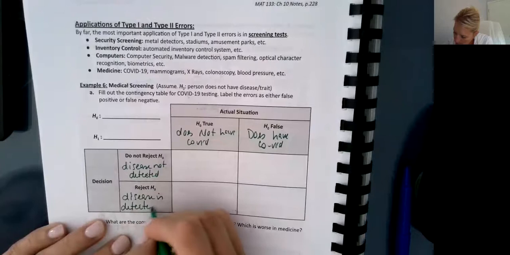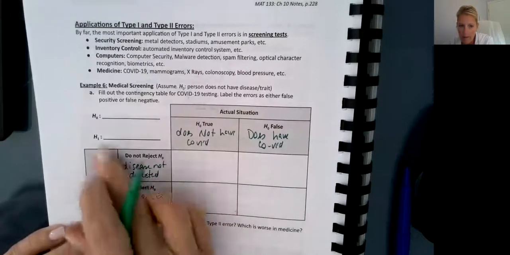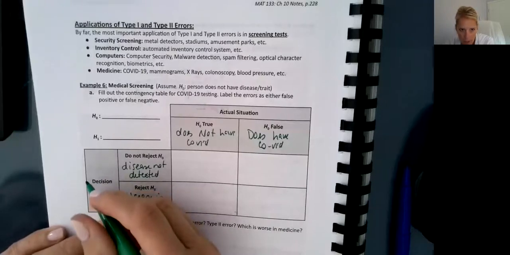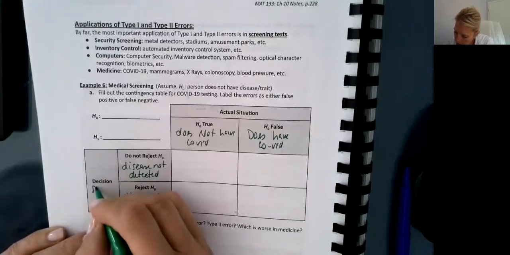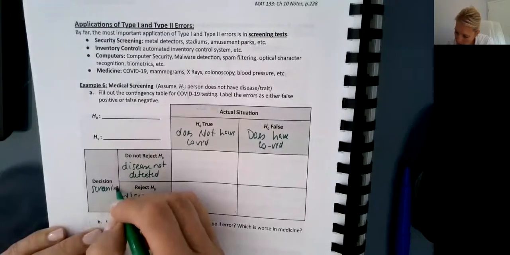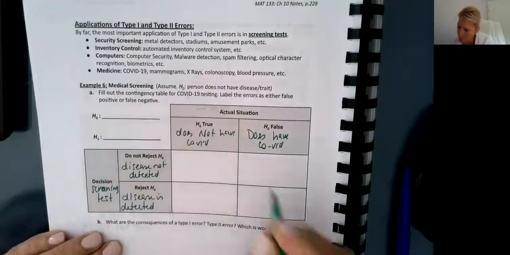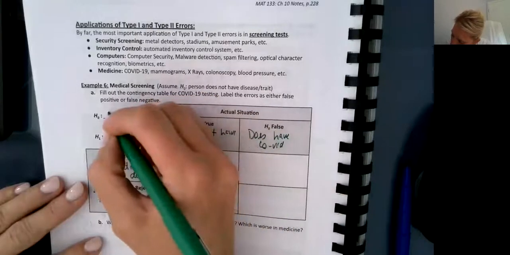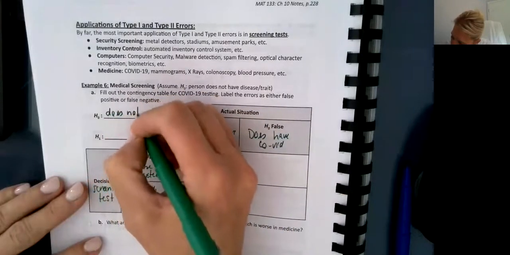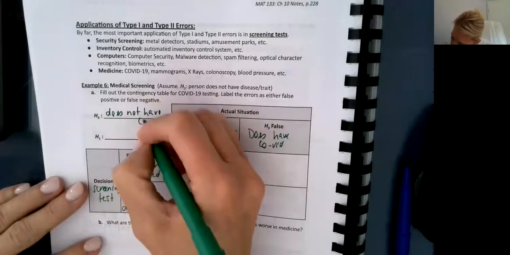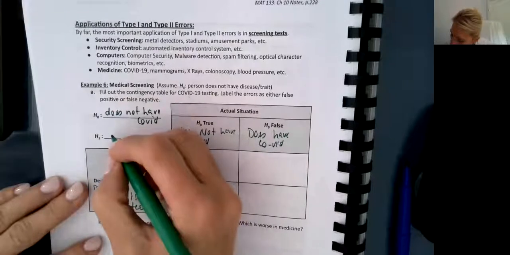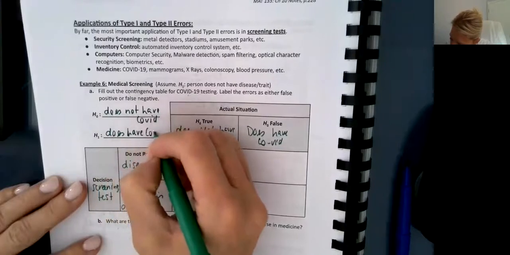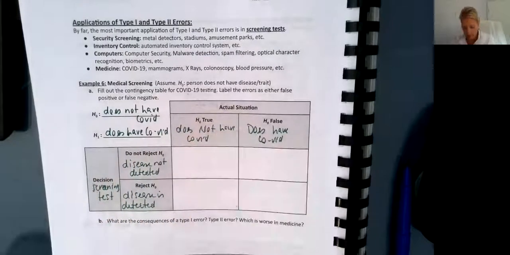And this is the decision by the test. So the medical screening test. Okay. So H0 is does not have COVID, and H1 is does have COVID. Okay, so let's look at our possible outcomes.